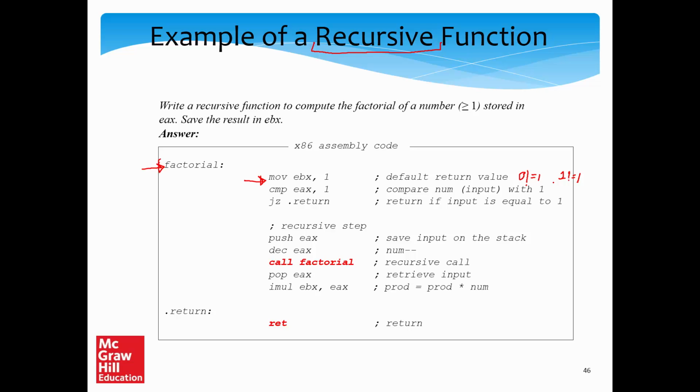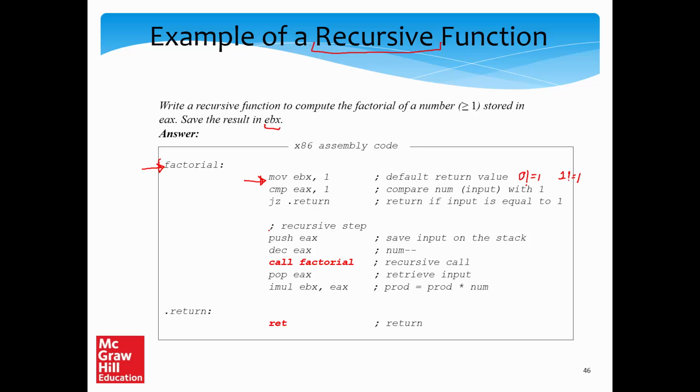So the default return value we put in EBX. And then we compare EAX with 1. If so, JZ, it can be JZ or JE, it doesn't matter at all. If there is equality, we return. We return if the input is equal to 1, which means that the answer is 1. So we can just return and the answer will be there in EBX.